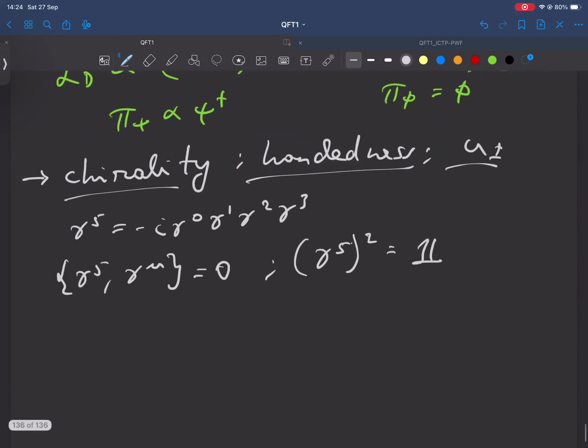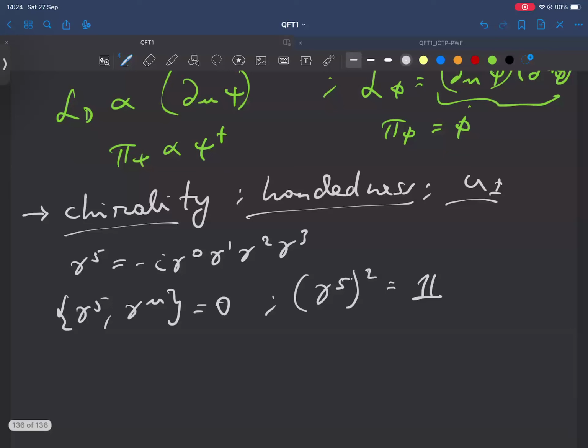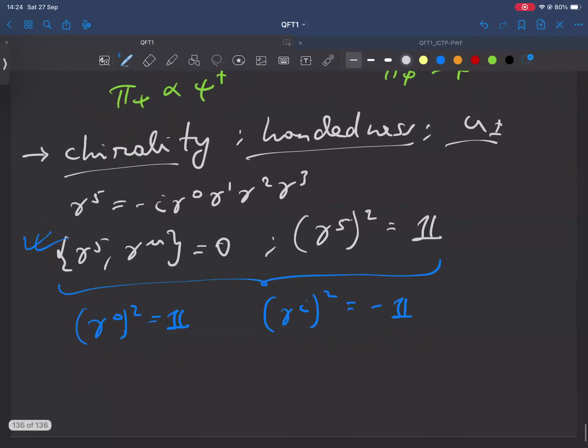And those of you who would have noticed the Clifford algebra quite closely yesterday, you might see that these were exactly also the properties satisfied by gamma 0. Remember that gamma i squared to minus the identity, but gamma 0 squared to identity, and the anti-commutation also was satisfied by gamma 0. So that means, in some sense, gamma 5 and gamma 0 are playing the same role.